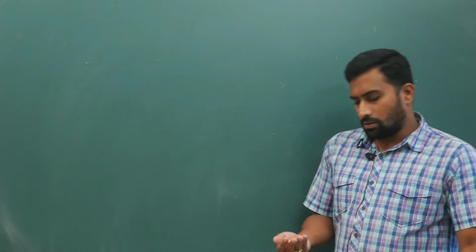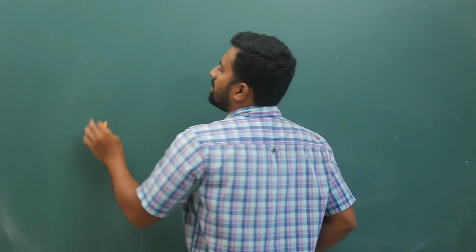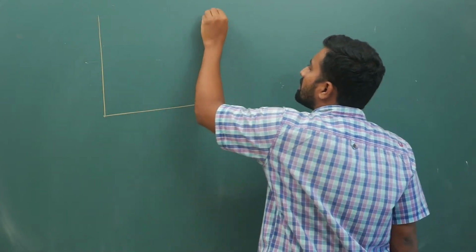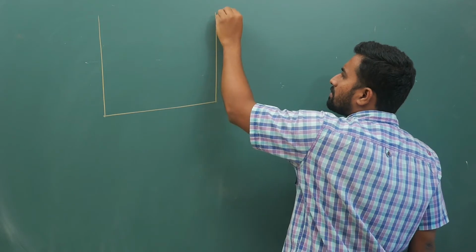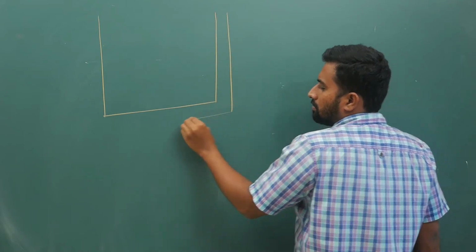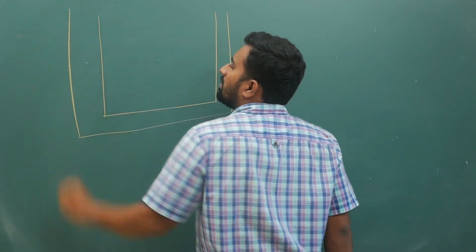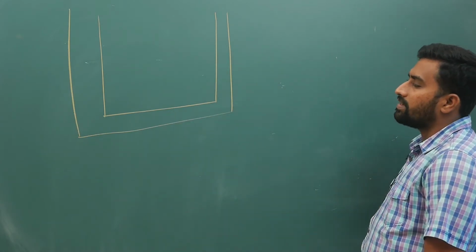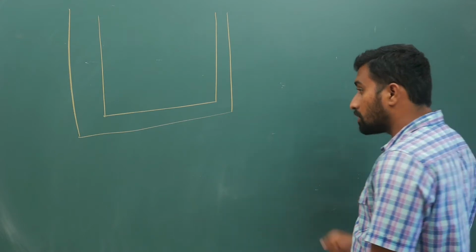So what are these U-shaped tubes? I will tell you. Let us say there is a tube like this. Now let us say you have two liquids filled into these two limbs.